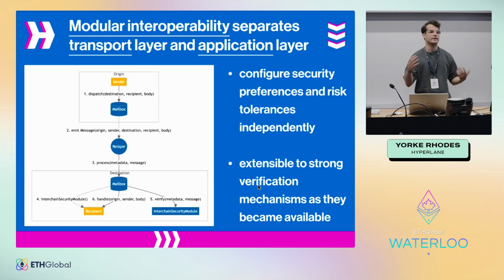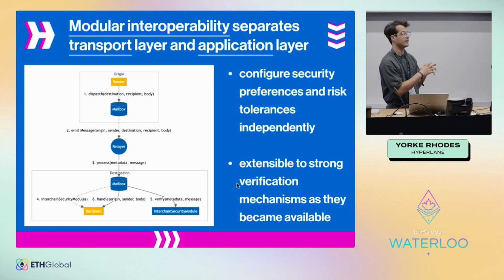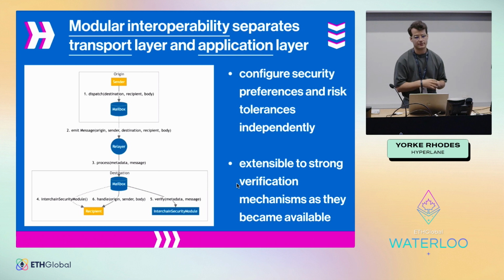They shouldn't have to tell their entire user base, hey, we're migrating bridges, so you've got to unbridge and then rebridge and then migrate to our new version. That's crazy. So this is the model that we think is better, and it's really a framework for how to think about interoperability. We obviously have specific opinions about what the default security modes should be.